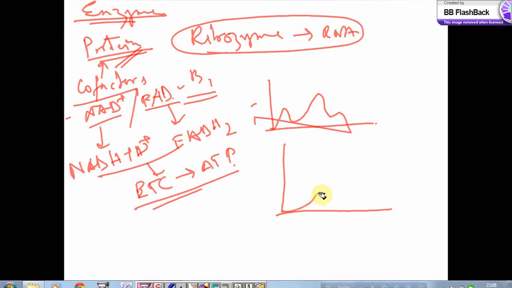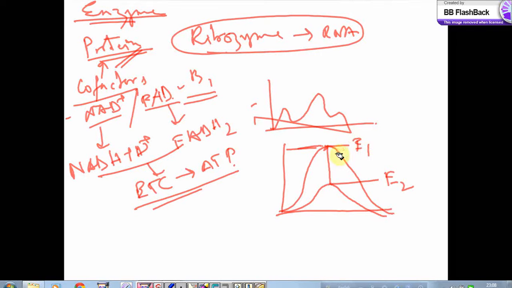Suppose this is the activation energy, which you have to pass before the production of any product, this is the activation energy, and this is the level. Suppose this is E1 and this is E2.